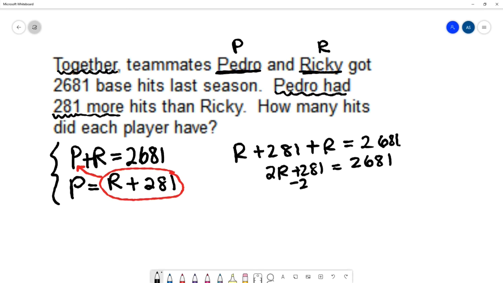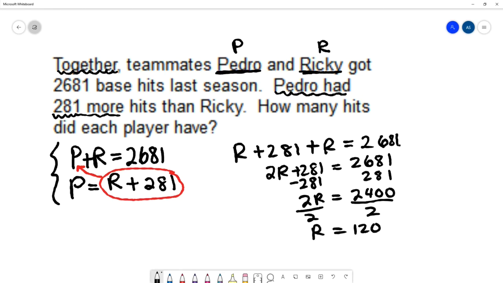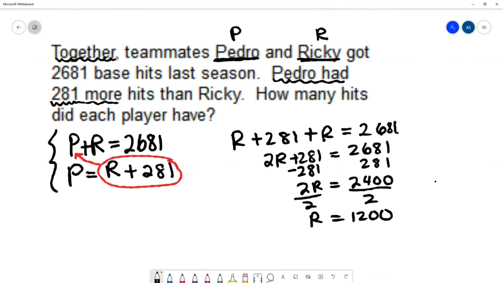I'm going to subtract 281 from both sides. That gives me 2R equals 2,400. I'm going to divide by 2. I have R equals 1,200. So Ricky has 1,200 hits.